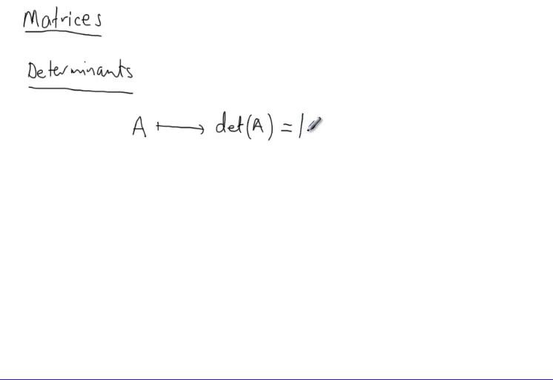Sometimes we use this notation, A with bars, which is more or less like absolute value. But don't confuse that to mean the number is positive. It's just a number. It can be positive, negative, or even 0.